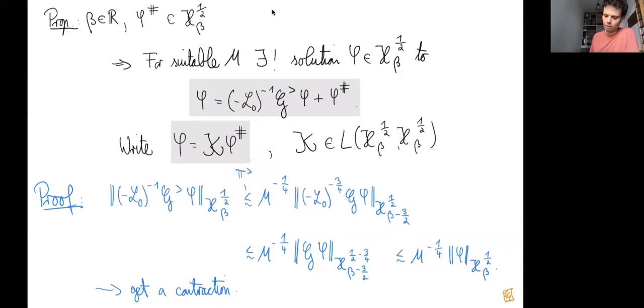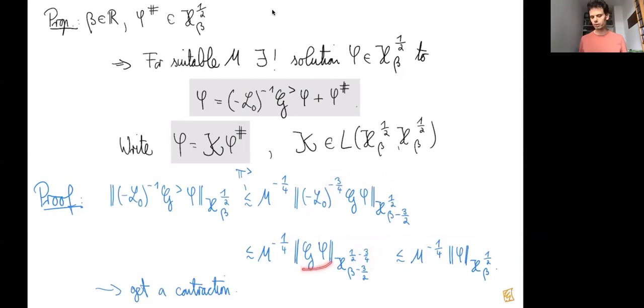And now we use our estimate for G. Now we just use that this thing gains a 3/4 derivative in the alpha variable. So we can bound this by G of phi and then here minus 3/4, just because of this minus 3/4, they go here.